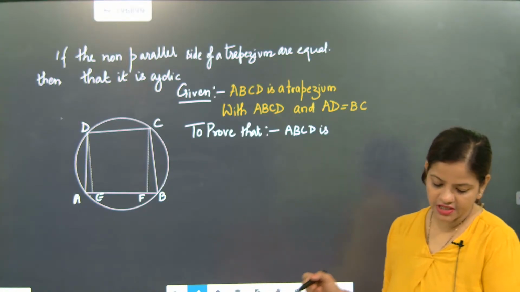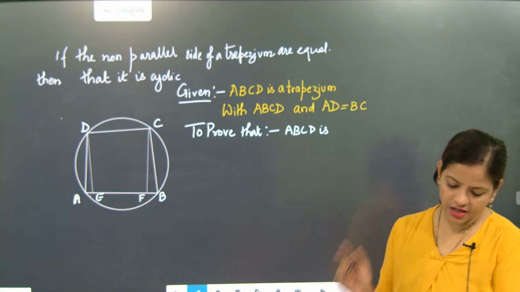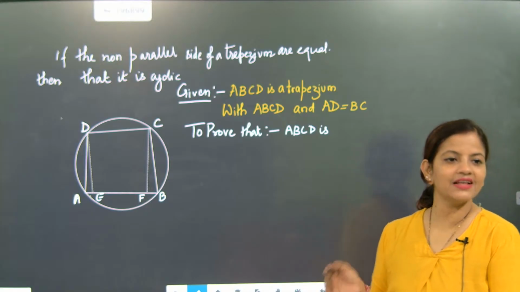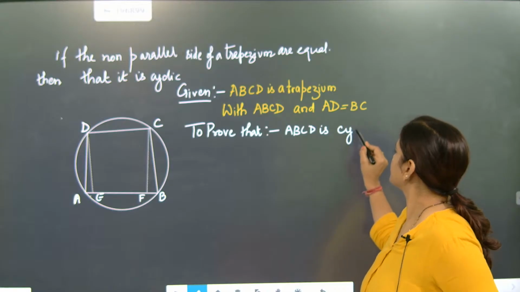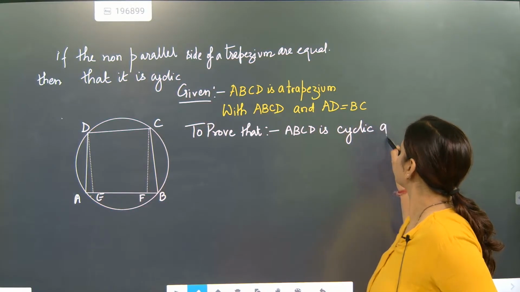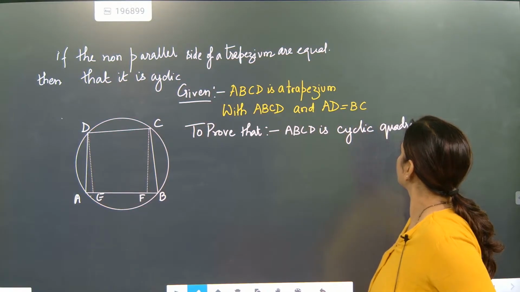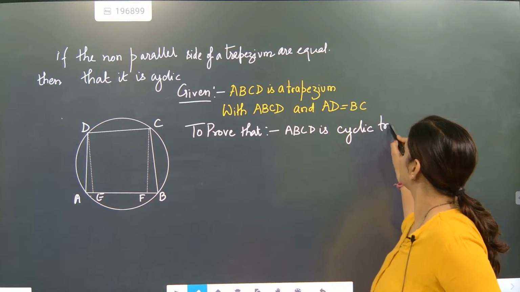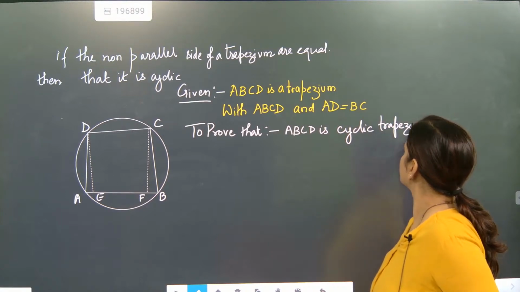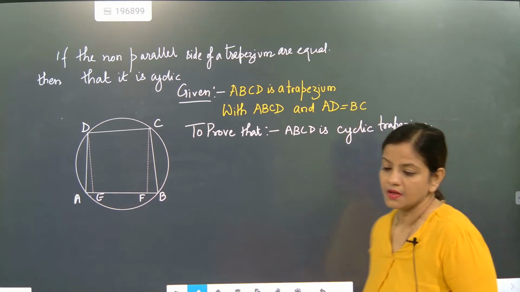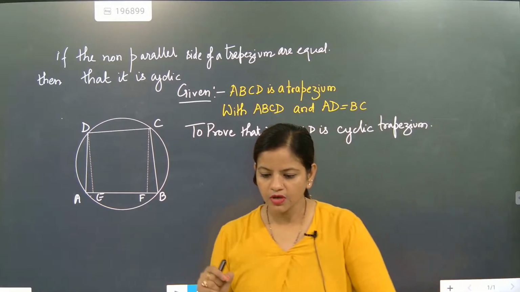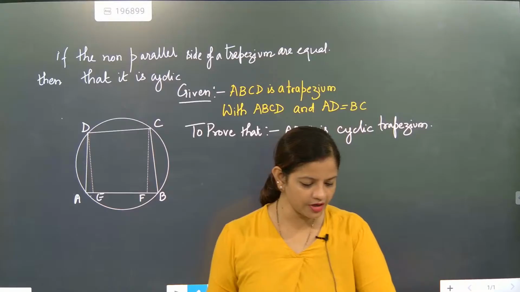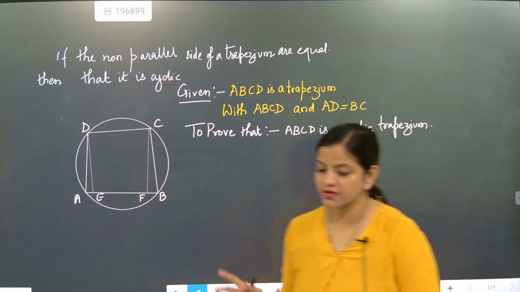ABCD is a cyclic trapezium. This is what we are supposed to prove. Got it?